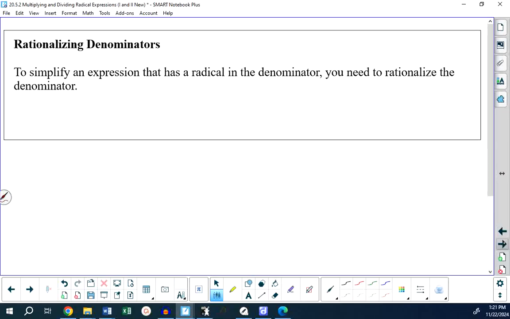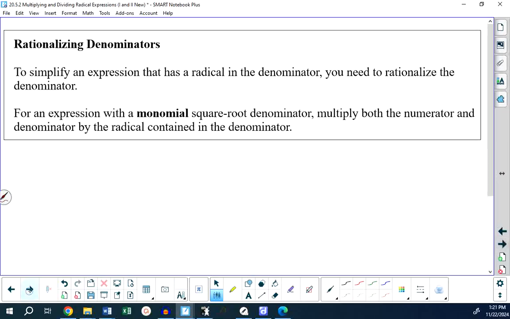So to simplify an expression that has a radical in the denominator, that process that I'm going to teach you is called rationalizing the denominator. If the denominator is a monomial, that means, for example, the denominator is 2 root 6. That's a monomial.